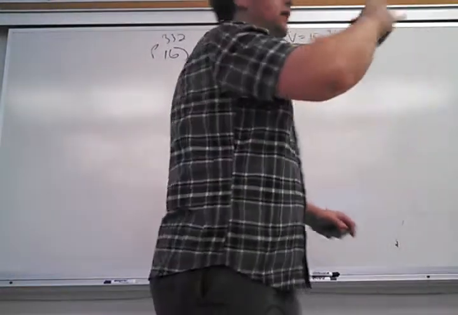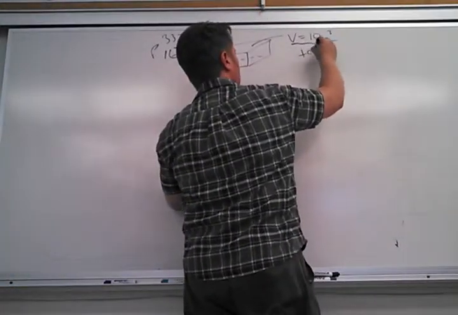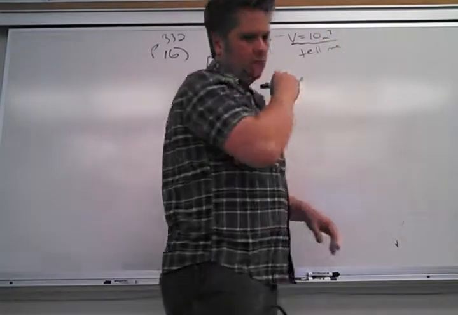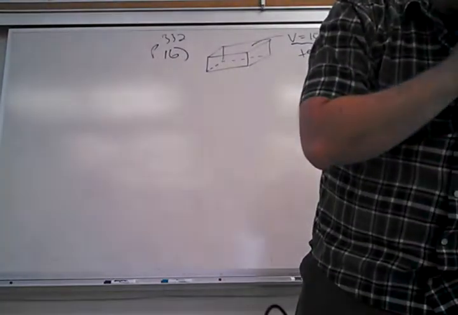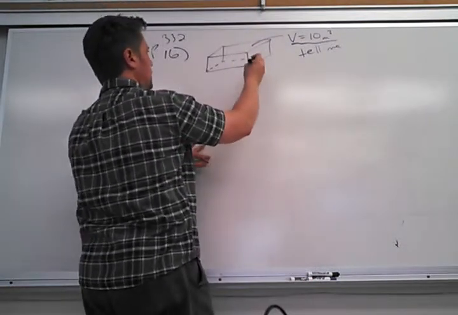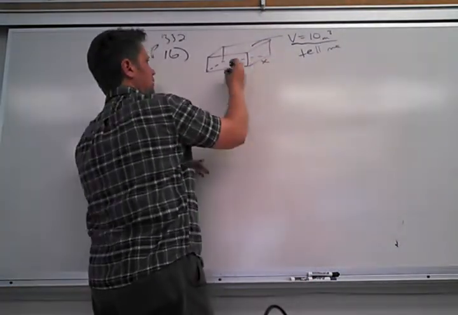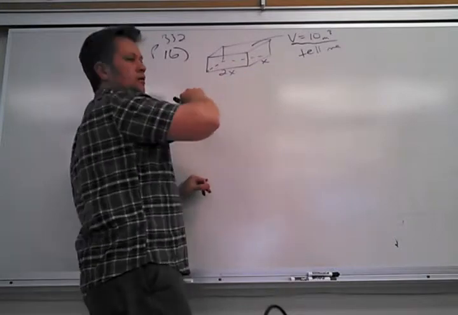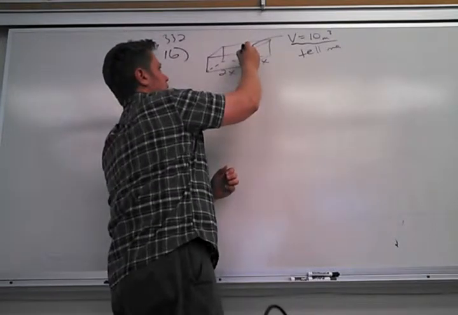So this is what they tell me. They say the length of its base is twice the width. That's also something they tell me. So whatever the width is, the base is twice that. And then there's some height.